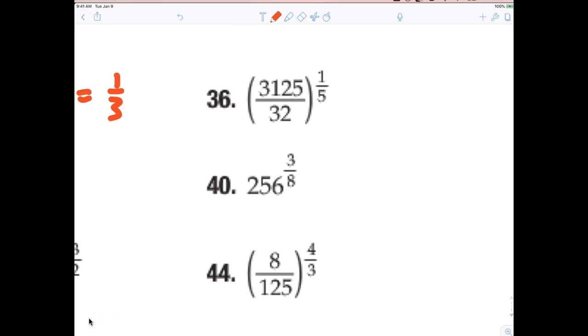Okay, so do parentheses. And then 3125 divided by 32. Close the parentheses. Raised to the 1 divided by 5. And then math, enter. Wait, how do you do the exponents? 1 divided by 32.